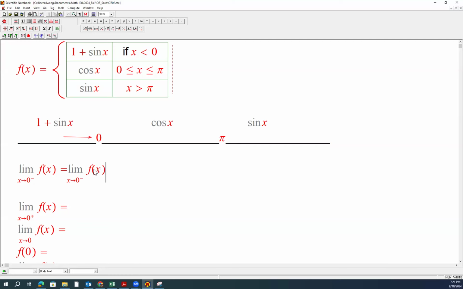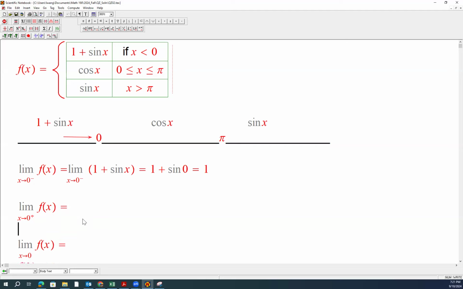The rule that applies to this situation is 1 plus sine x. Ideally, put it in parentheses, and to find the limit of 1 plus sine x, it's a direct substitution. So it's 1 plus sine of 0. Sine of 0 equals 0, so the limit equals 1.